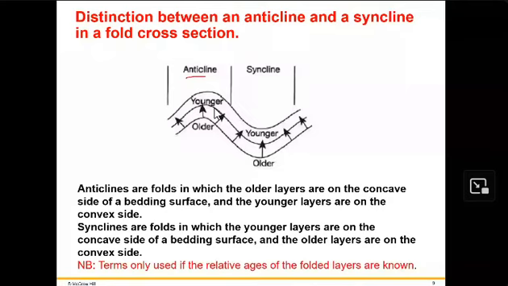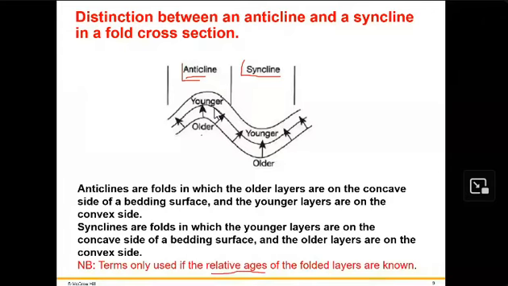But do you know that we only use the terms anticline and syncline when the relative ages of the layers, of the beds, are known. So here we can say this is an anticline because we know for sure the difference between the younger and the older beds.